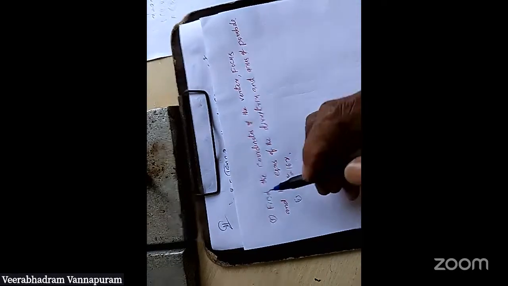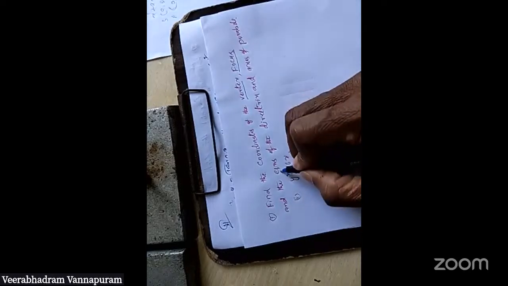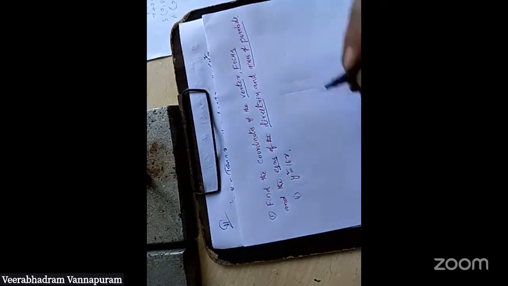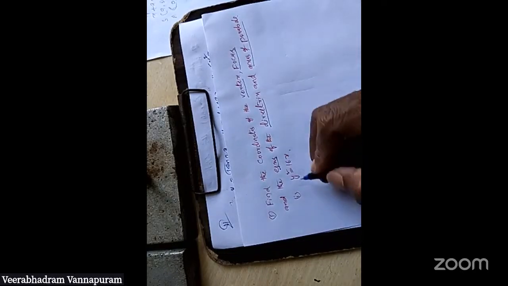So here we have to find the coordinates of the vertex, focus, and the equations of the directrix and axis of the parabola. Here the given equation is y square equal to 16x.